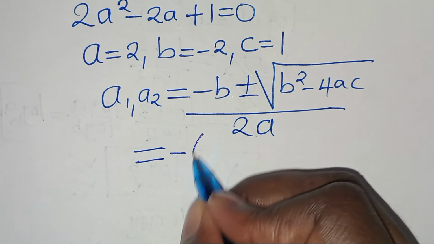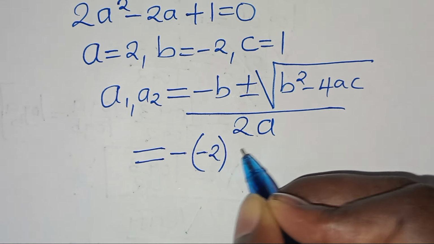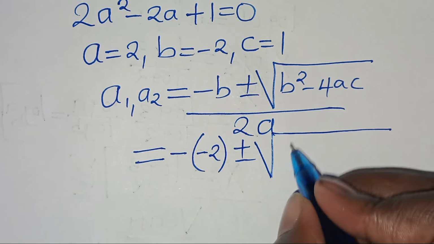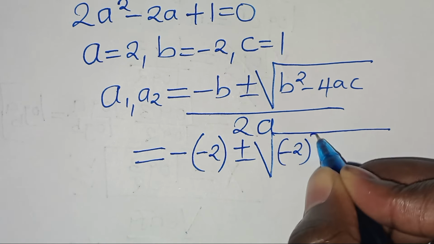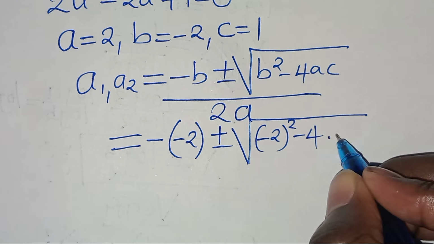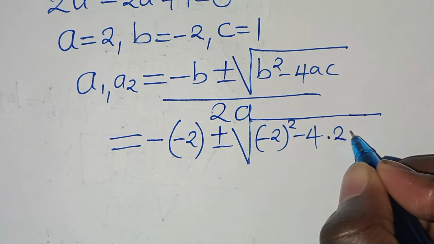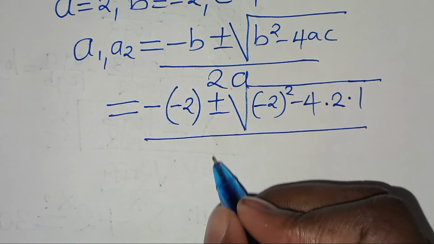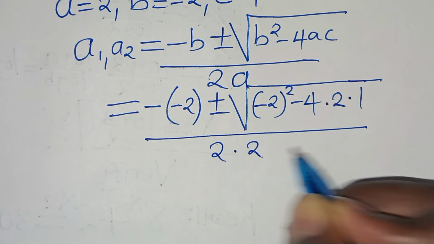So we have minus minus 2, plus or minus the square root of minus 2 squared subtract 4 multiplying by a, which is 2, then multiplying by c, which is 1, everything here divided by 2 times 2.